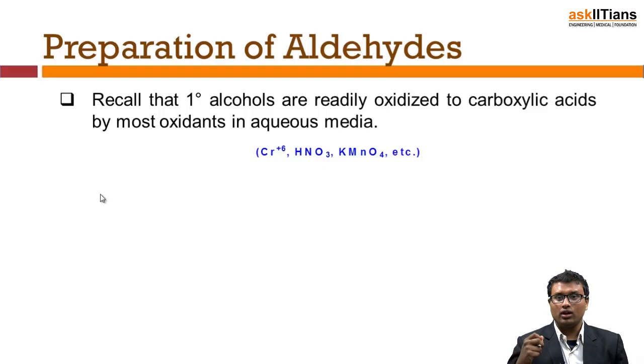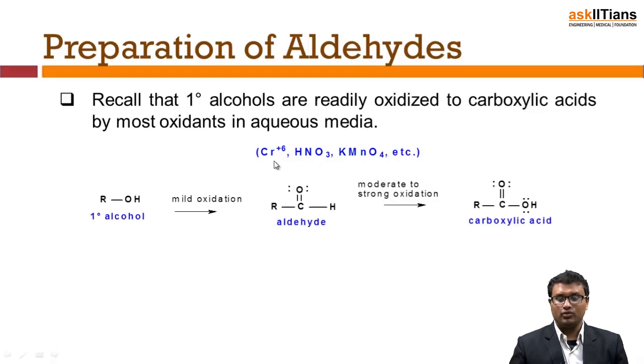And you can oxidize by using certain oxidizing agents. Here you have oxidizing agents like chromium, HNO3, KMnO4. For aldehydes from 1 degree alcohols, you use mild oxidation, that means just a minimum amount of oxidizing agent is used. That is mild oxidation, and as I told you, you will get an aldehyde.